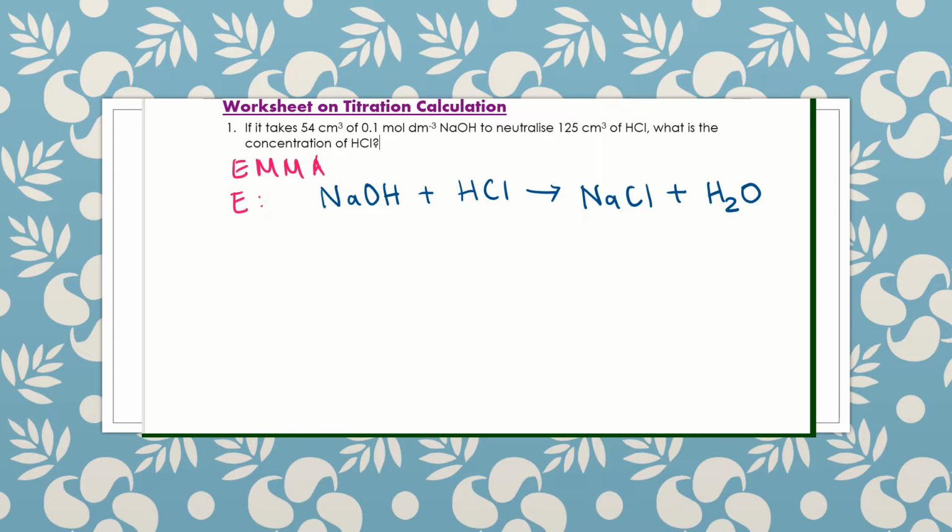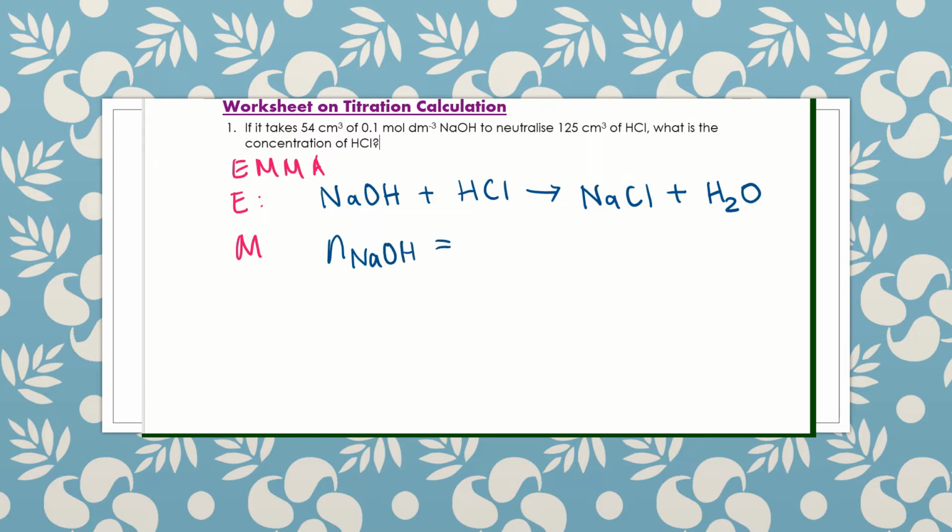Then the next letter is M for mole, and we will be finding the number of mole for the given chemical. Number of mole is denoted as n, the standard symbol. So we have the number of mole of sodium hydroxide.